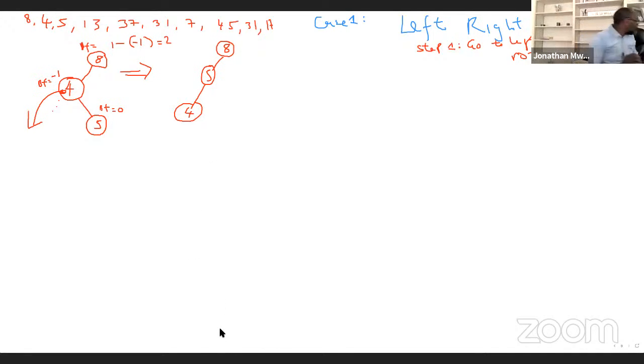Let me look for some balls here. There's always golf balls in my house. So imagine the white one is our 4, and the yellow one is our 5. They are connected by something.